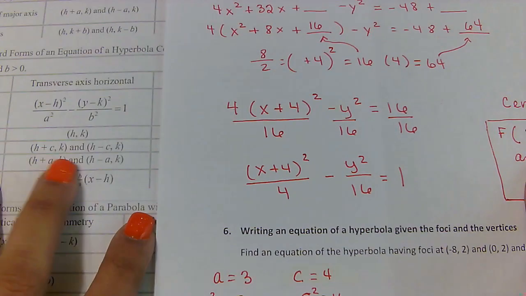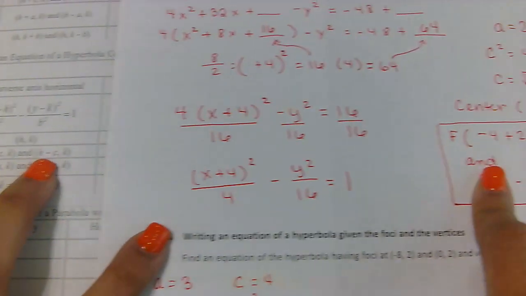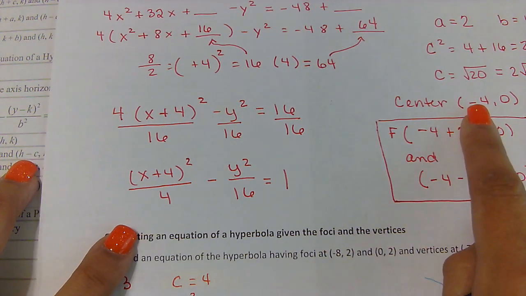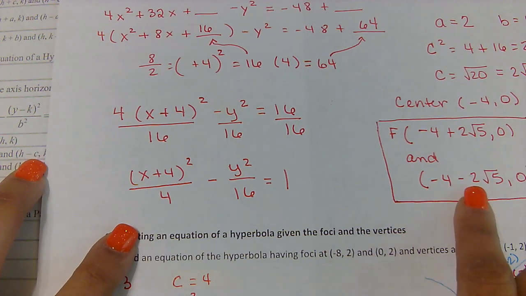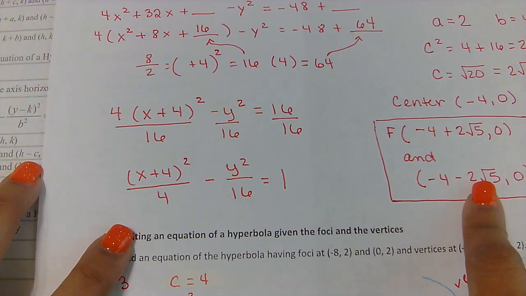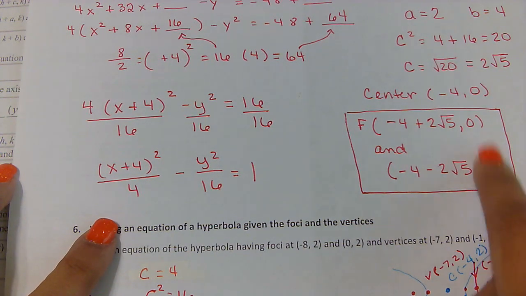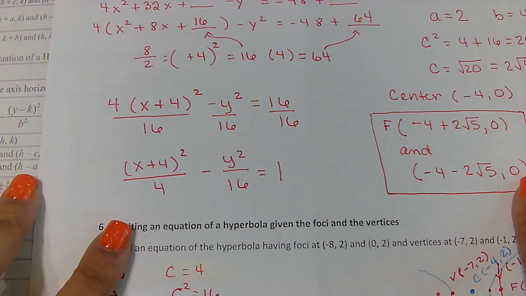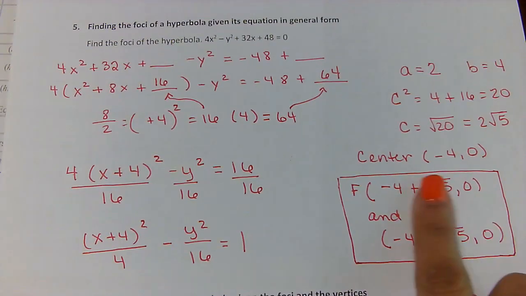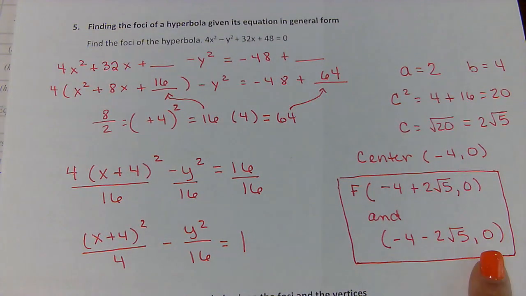And again, I'm going to be using this equation. Here's my h, which is -4, minus our c, which is 2 square root of 5, comma 0, since our k is 0. Since all we're looking for is our foci, this is the only information you need to provide.